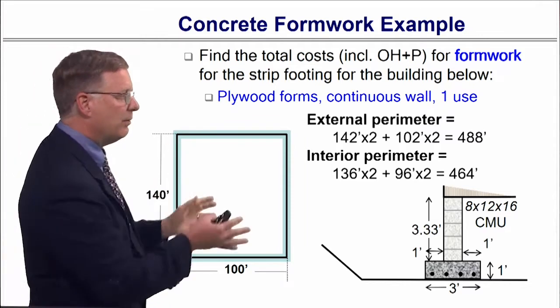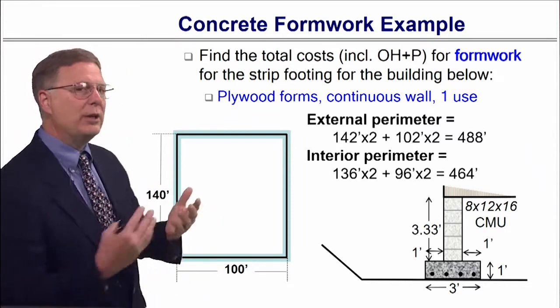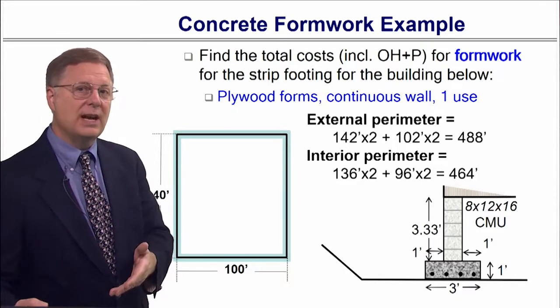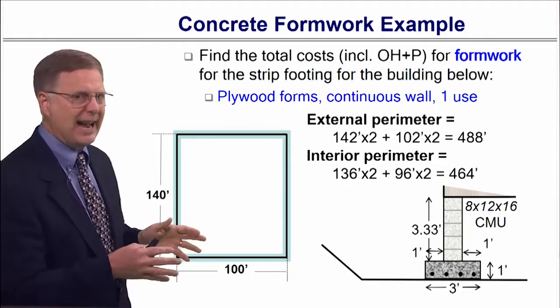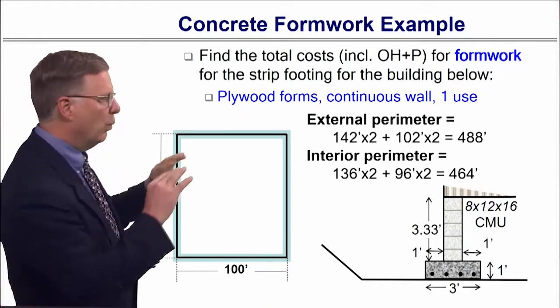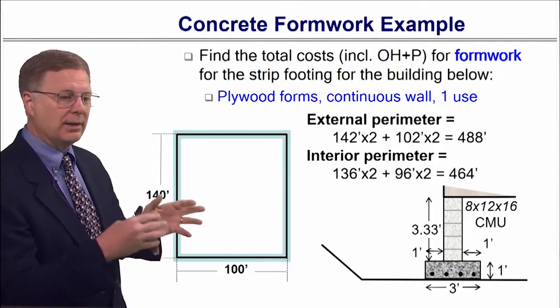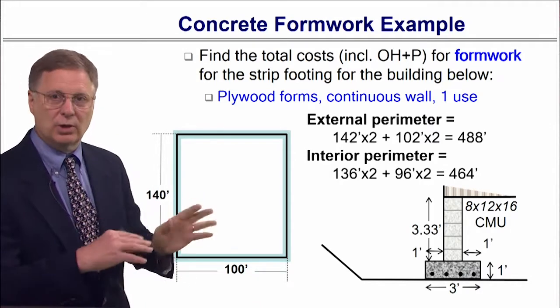Now, I went through that geometry in greater detail simply because we're going to reuse it on a couple more slides, and I want to make sure that you kind of capture that. I don't want you to lose how that geometry looks, because when we get to the reinforcement and we get to the placement, we're going to look at that again.